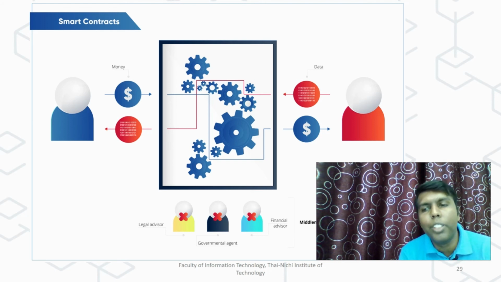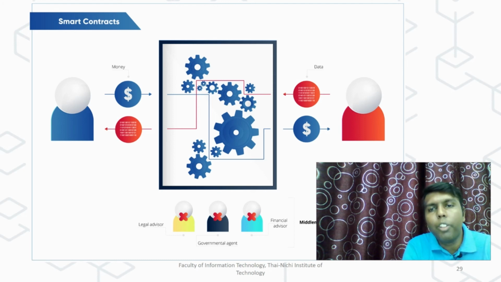That's why most governments are not really willing to implement blockchain in their financial transactions, because it is more transparent and it will reveal who is committing fraud and who is not. So that's the criticality over here. But when you have these smart contracts, these government agents, legal advisors and financial advisors will definitely lose their jobs.